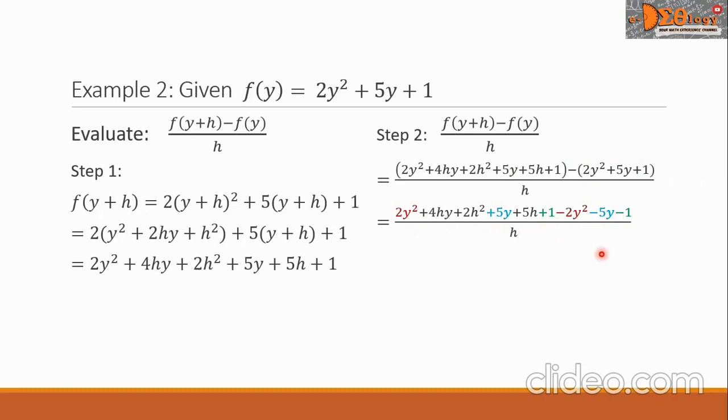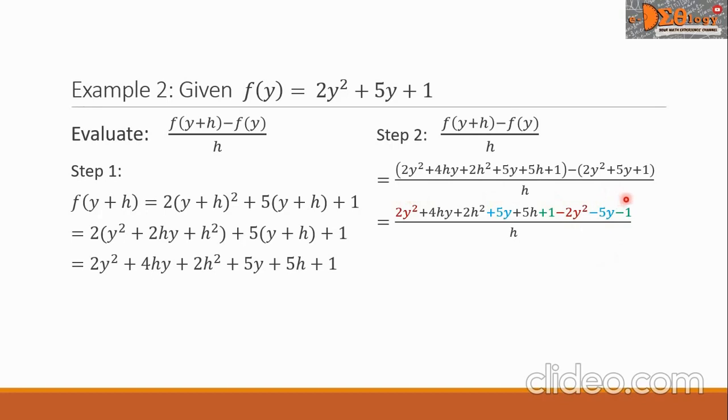And then let us see some terms that we can combine. I see here 2y², and there is negative 2y² here. Also this positive 5y, and there is negative 5y here that can cancel each other. There is positive 1 while there is a negative 1 on the last part here.